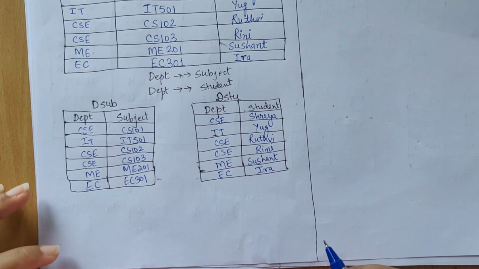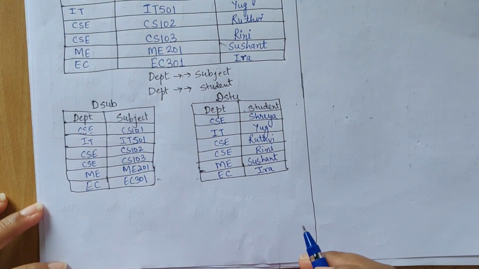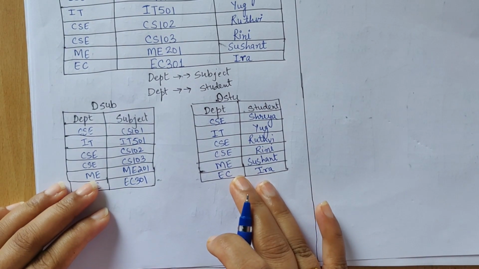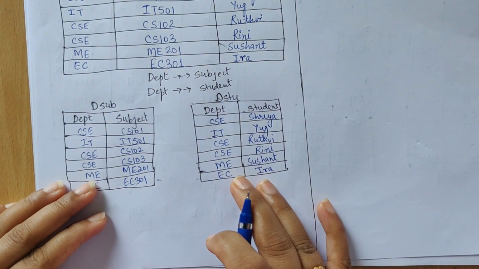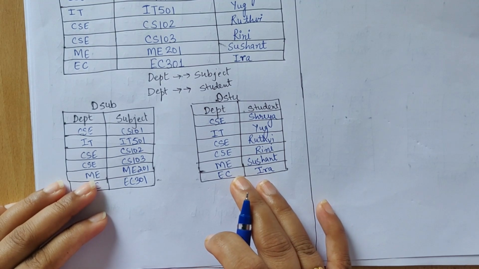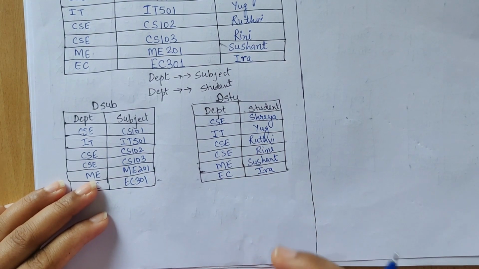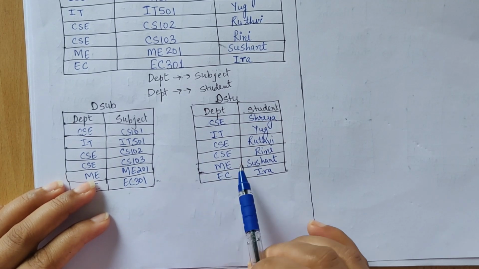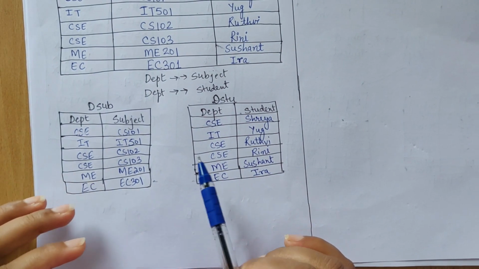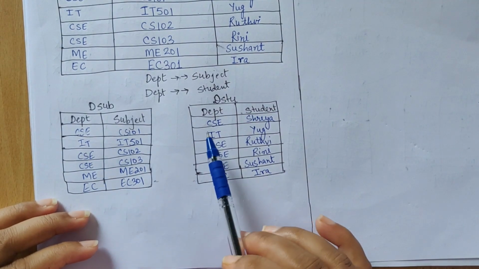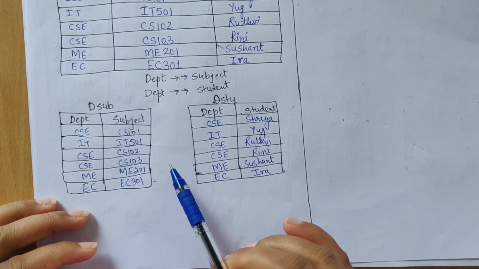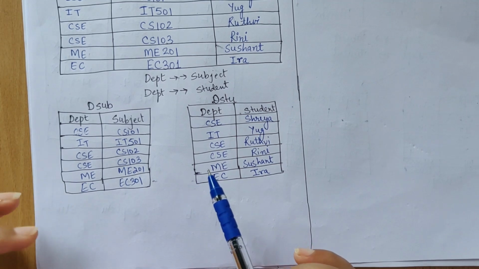I will soon upload lectures on SQL queries, but natural join I have uploaded in the relational algebra series. You can get the knowledge of natural join from there. Natural join is used to join two tables or more than two tables, and the compulsory part is that there should be a common column between the tables which you want to join.